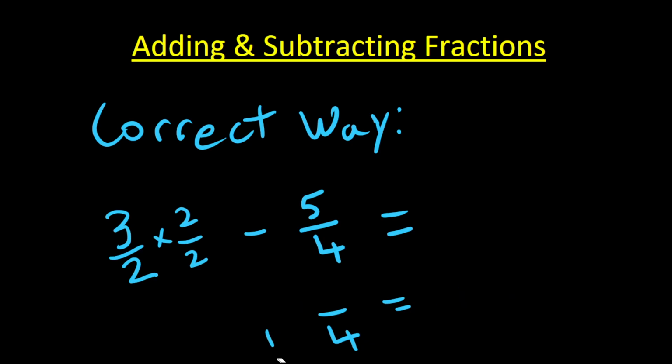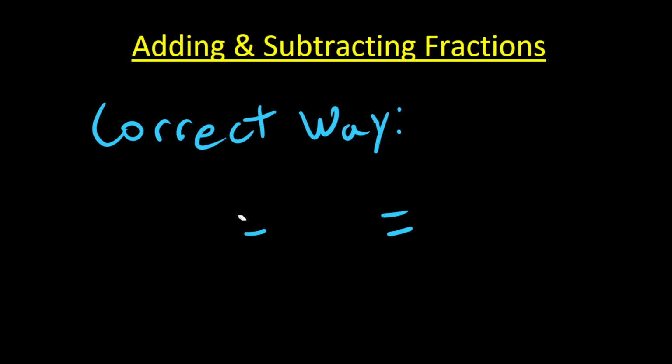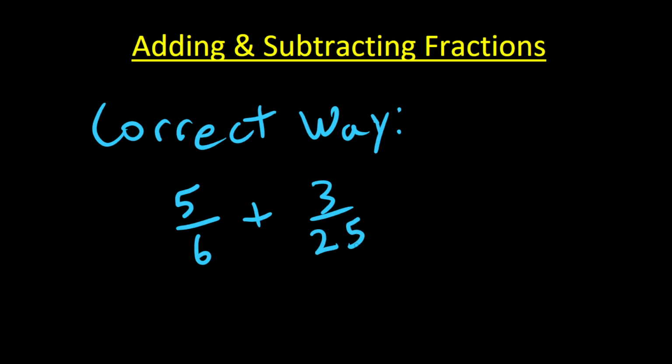So let's go through a little bit more of a tougher example. Let's say we had 5 over 6 plus 3 over 25. And you might ask, how do I get 6 to become like 25? What can I multiply 6 by to get 25?